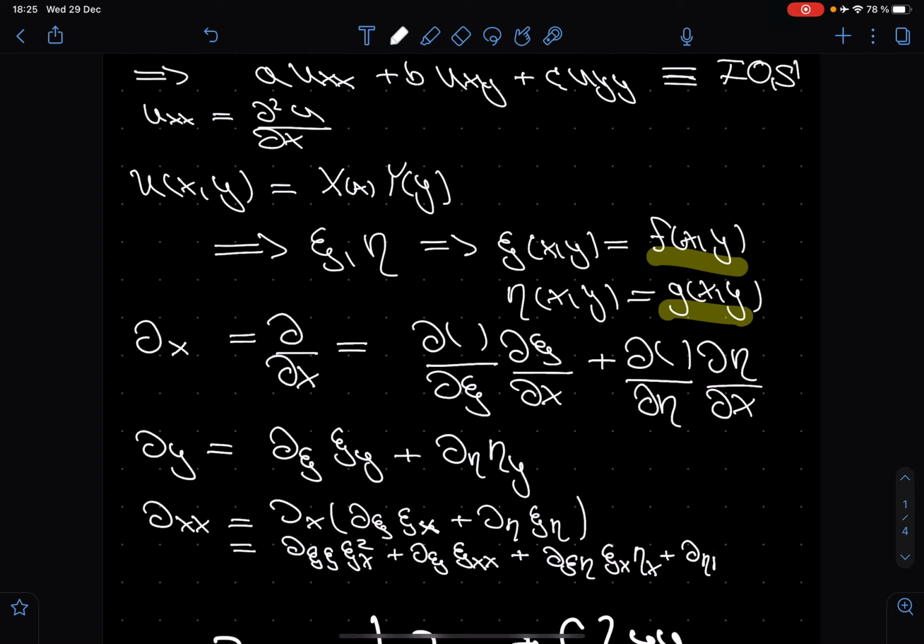So we get eta plus eta x squared plus d eta times eta xx, and the derivative of this term as well in terms of x, which gives us the same as we have here, because the order of derivative is not important: if we take the derivative of xi and eta, or eta and xi, it will be the same.